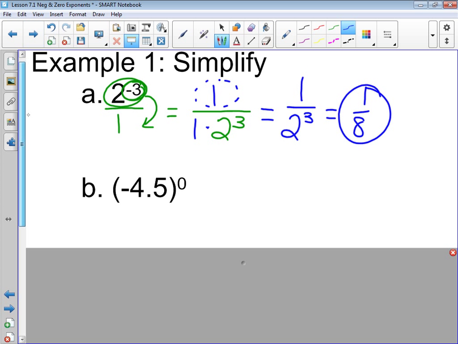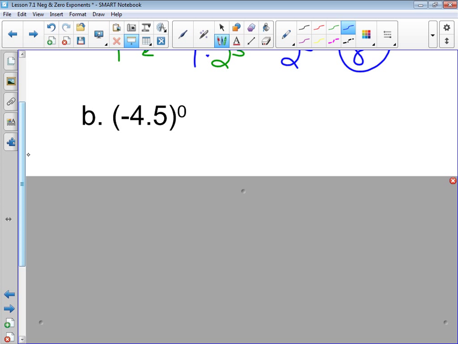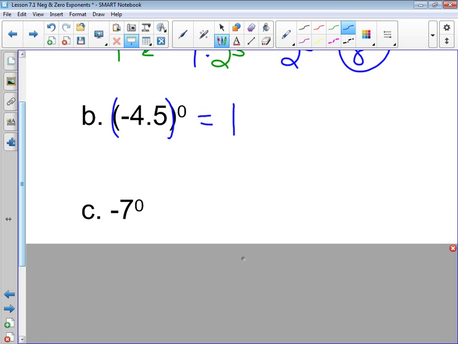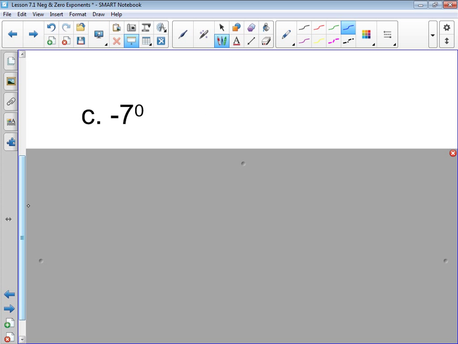Here's an example of a zero exponent. And the definition of a zero exponent is anything raised to the 0 power is equal to 1. So negative 4.5 in parentheses raised to the 0 power is 1. What happens though if you have a number raised to the 0 power that's not in parentheses and includes a negative? Well, the way you approach that is to say what's being raised to the 0 power is just 7.